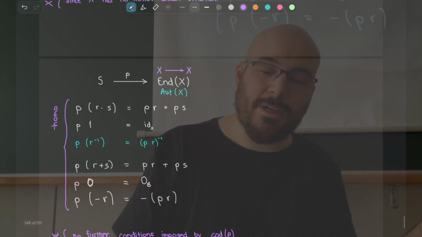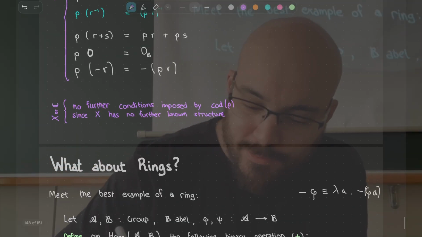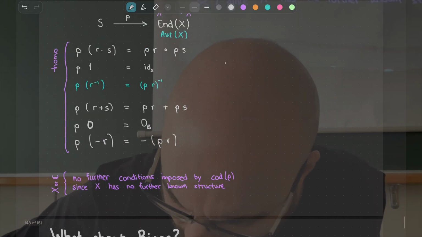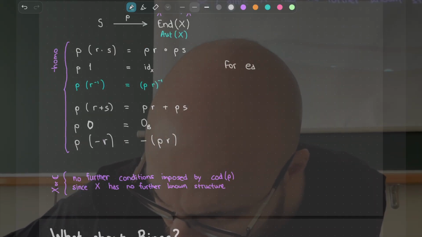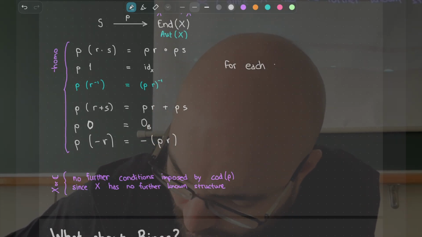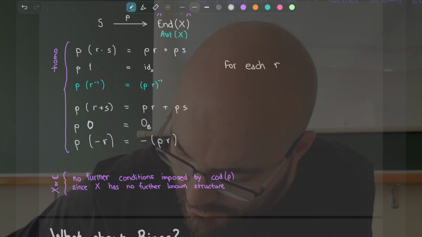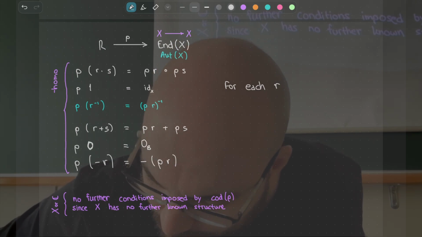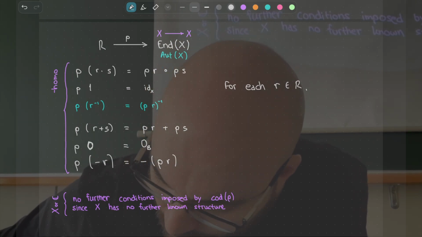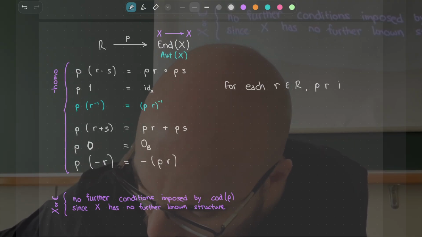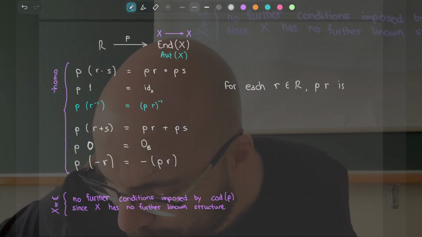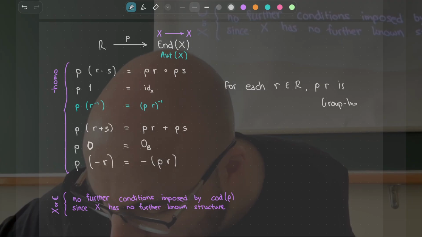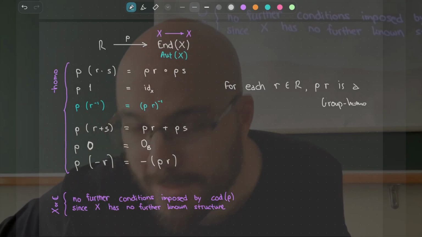What do I need to satisfy? Essentially, for each R in R, since now I'm in a ring, rho of R is an arrow. But here arrow means group homomorphism. Let's break this down.